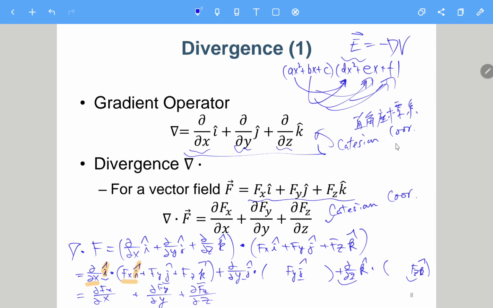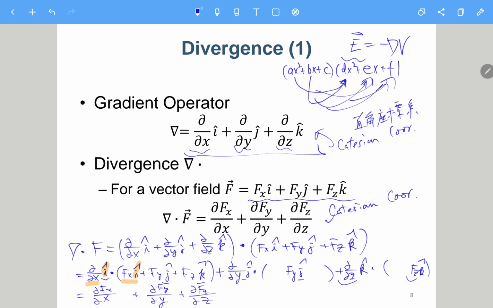If it is spherical or cylindrical coordinates, then the expressions are a lot more complicated. If you're interested, you can check it on Wikipedia, where there is even a detailed derivation.